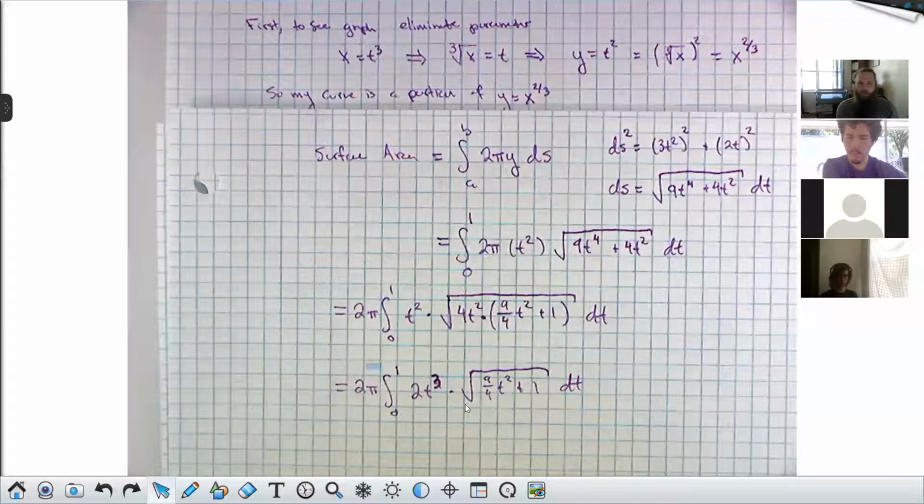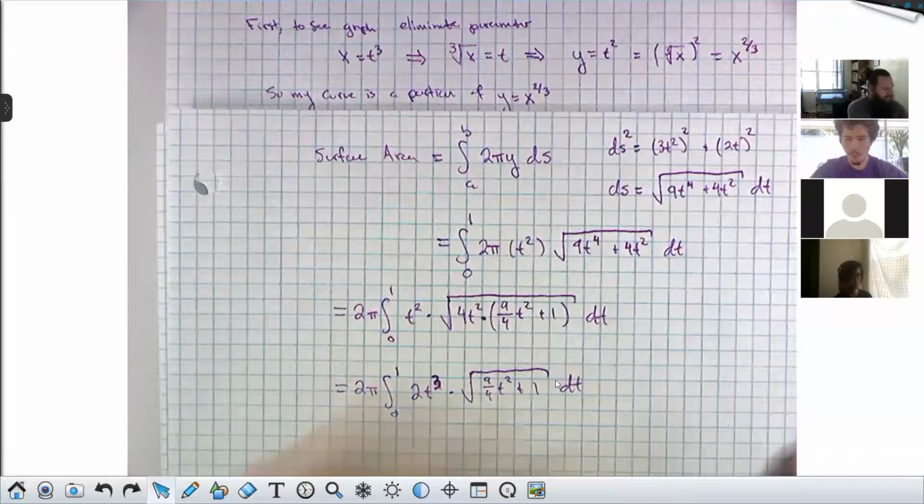So I think I can make a somewhat simplifying assumption here by letting u be t squared. This would become 9/4 u plus 1. And this would become a 2u, and then one of these guys is going to get sucked up. So let me try this substitution here.